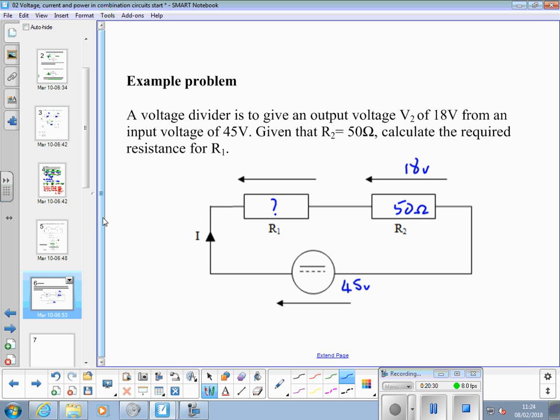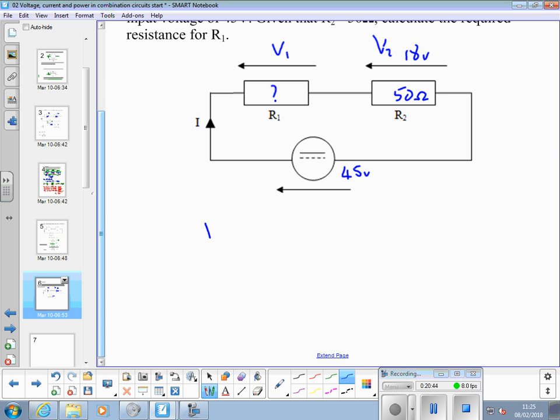The voltage divider rule. If this is V2, we'll call that V1. You can say V2 equals E R2 over R1 plus R2.